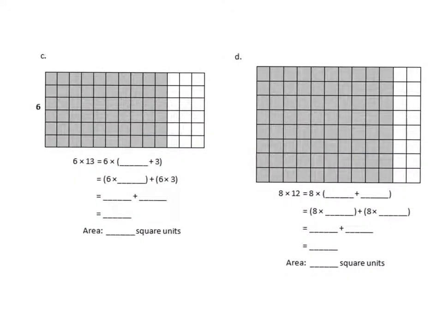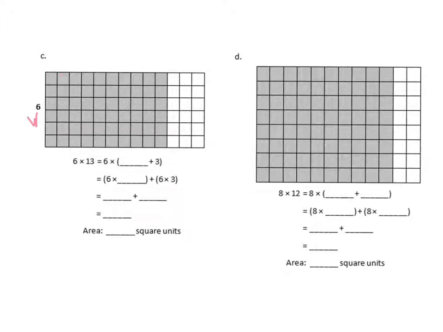Let's take a look at letter C. I have a width of 6, but I am not sure what the shaded part is as the length. Count the tiles at the top to figure out the length of the shaded part. Pause the video while you work and replay when you're ready or if you get stuck.